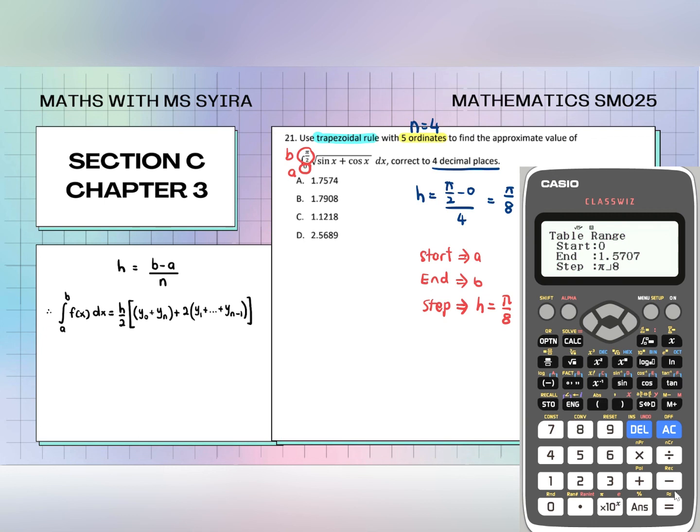And then tekan equals. Okay, now equals again. So dapat dah jawapan. So ini adalah value of x dan ini adalah value of y kita. So x0, y0, x1, y1, x2, y2, x3, y3, and then last sekali x4, y4. Okay, so itu adalah kita punya jawapan daripada table lah.